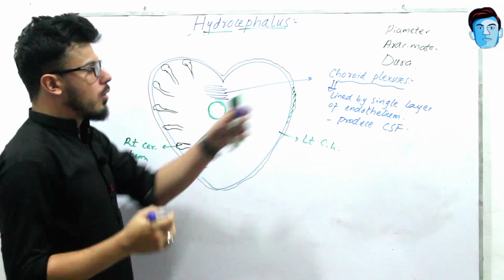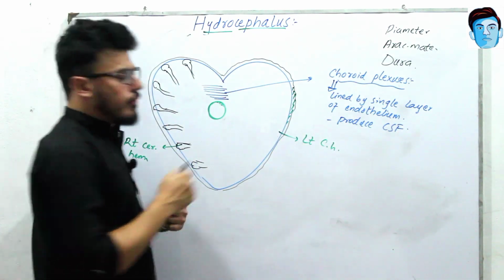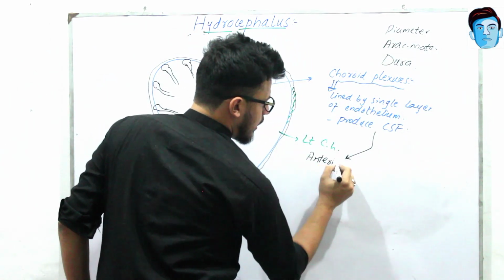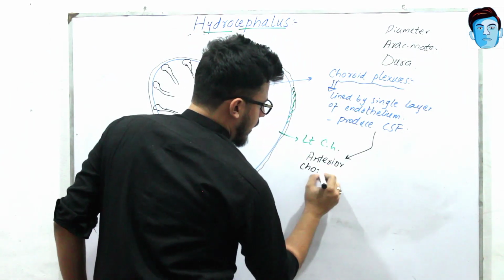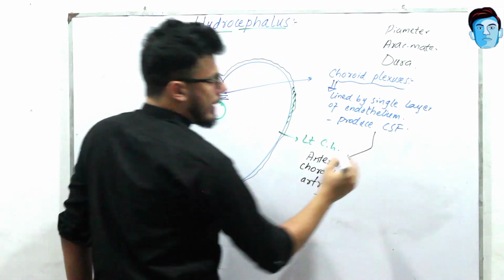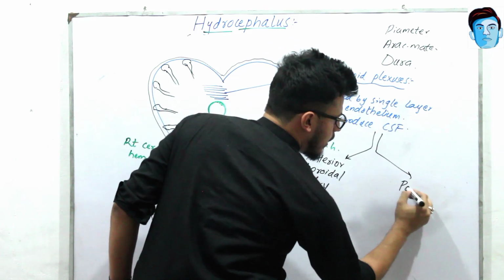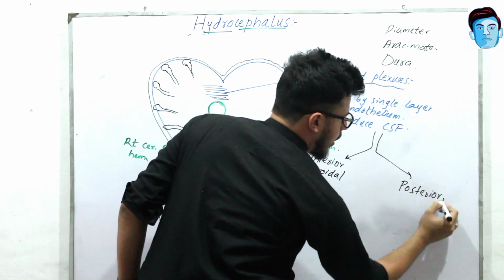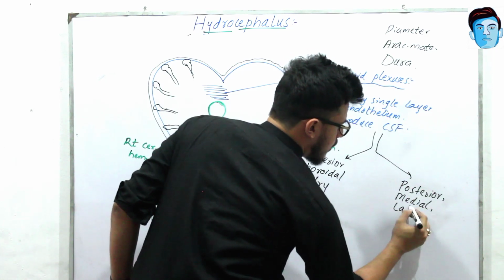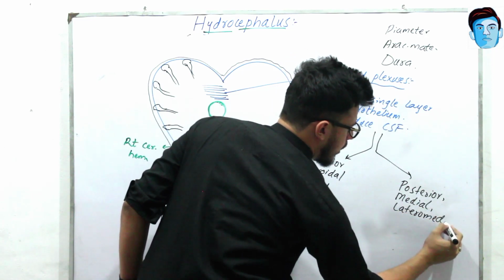Further, the choroid plexus is supplied by the anterior choroidal artery, and the posterior medial and lateral choroidal arteries.